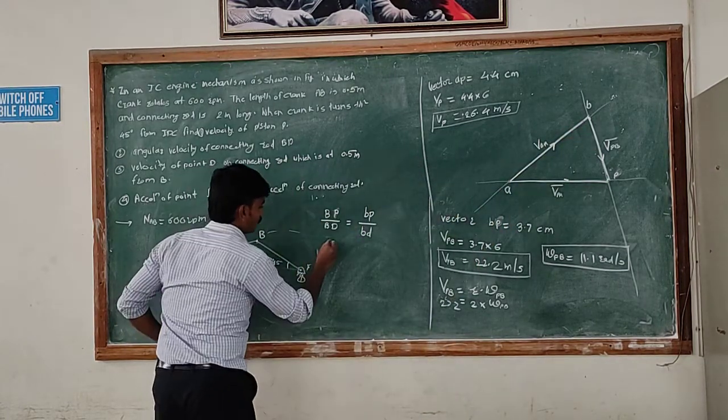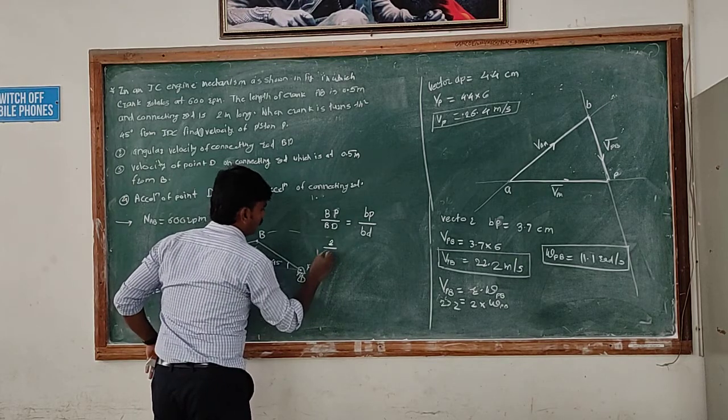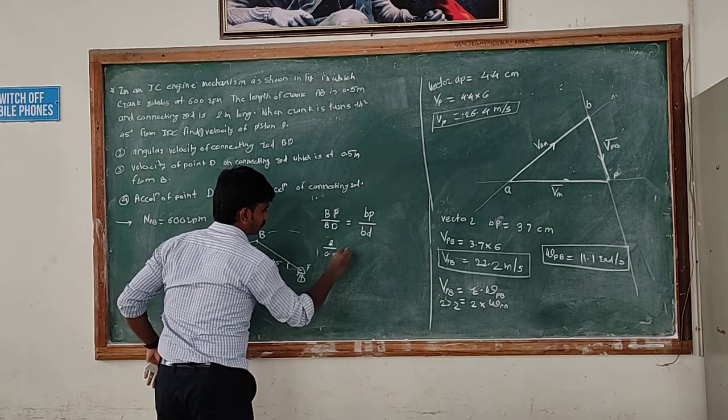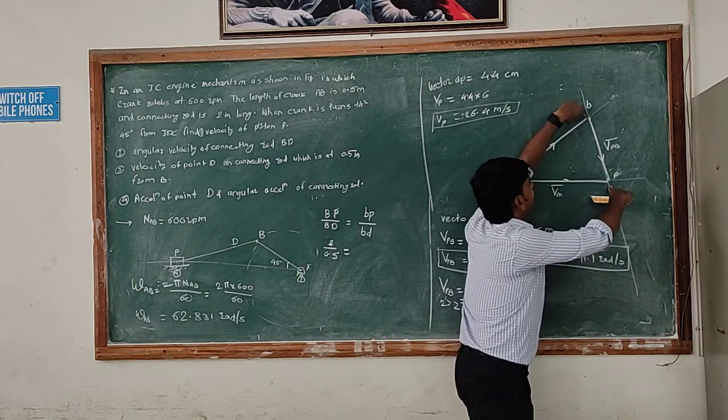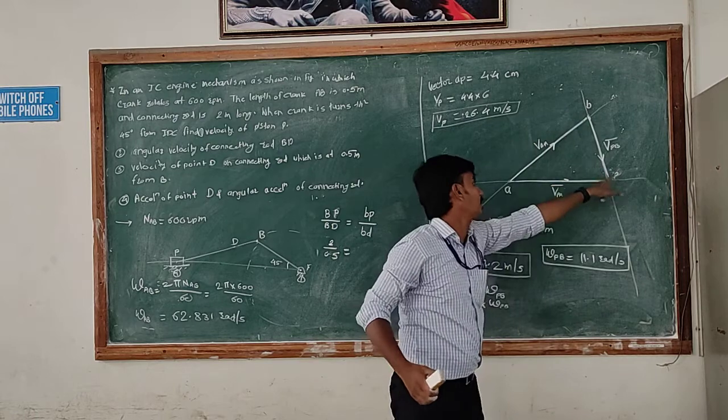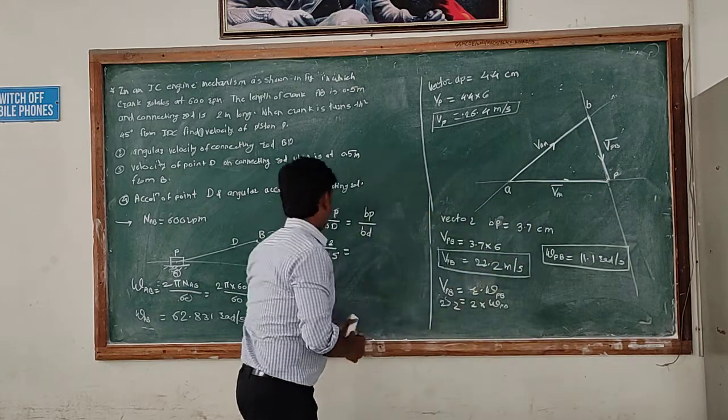Here BP is 2, BD is equal to 0.5 meter, DP we have to measure this distance, and the vector BP is 3.7.